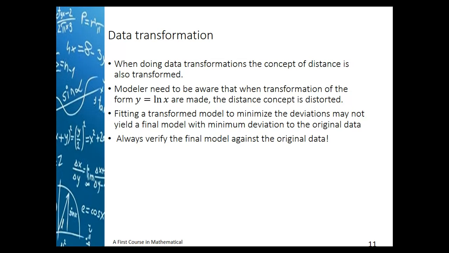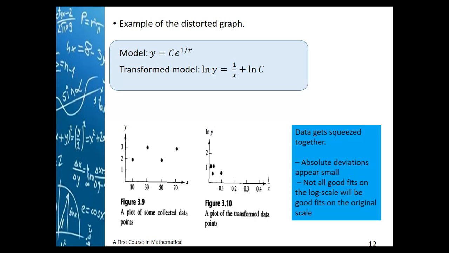Fitting a transform model to minimize the deviation may not yield a final model with minimum deviation to the original data. What does it mean by that? It means that if you are not careful, there will be times when you have a situation, for example, like this.